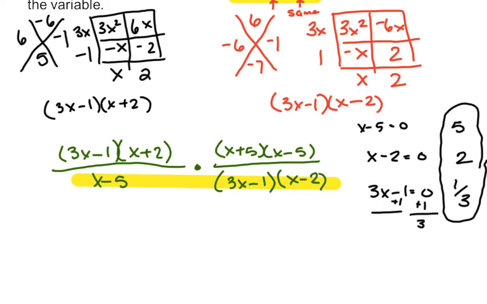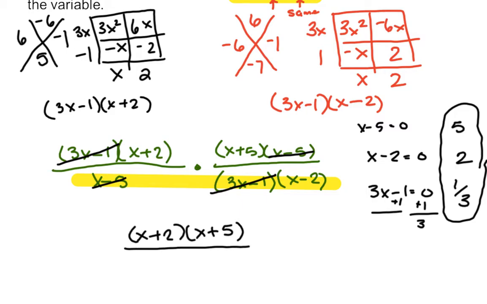Now, looking at our multipliers, the products, we want to see if there's anything we can cancel out. I see those 3x minus 1, x plus 2, x minus 2, not the same, x plus 5, x minus 5, x minus 5. Okay, so in the numerator, we have x plus 2 times x plus 5 all over x minus 2.